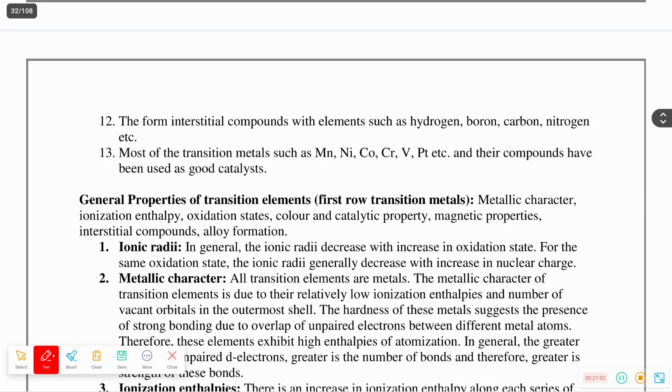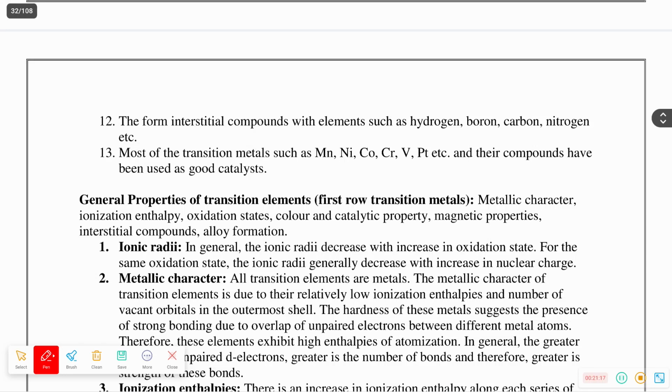That is called interstitial compounds. Examples of interstitial compounds are titanium carbide, manganese nitride, and iron hydride.